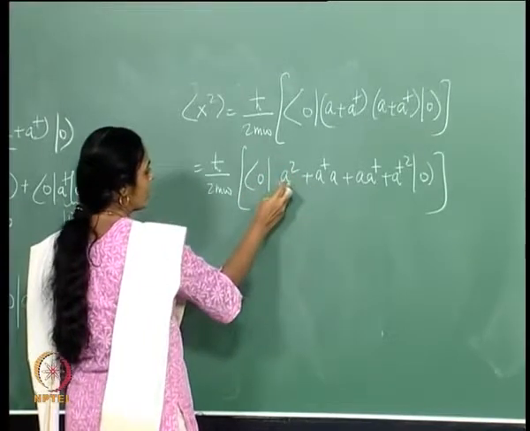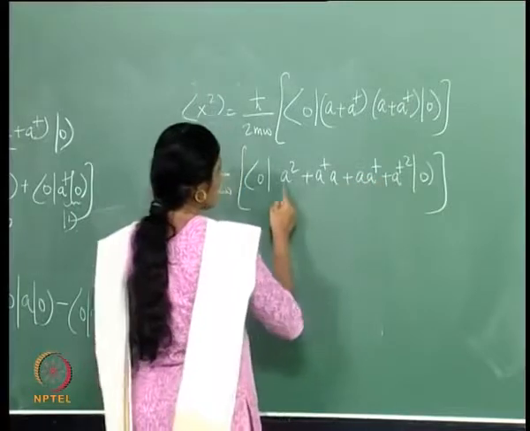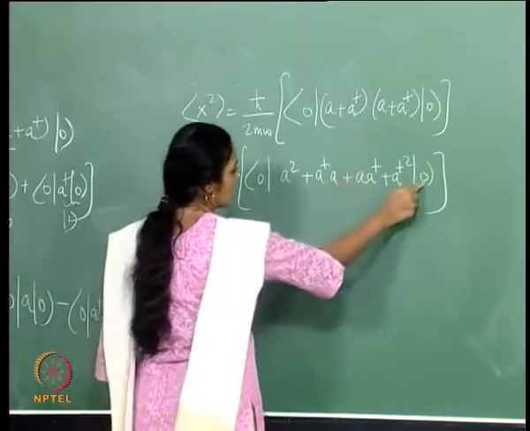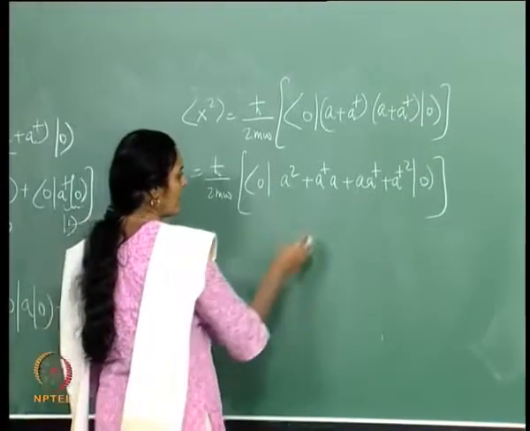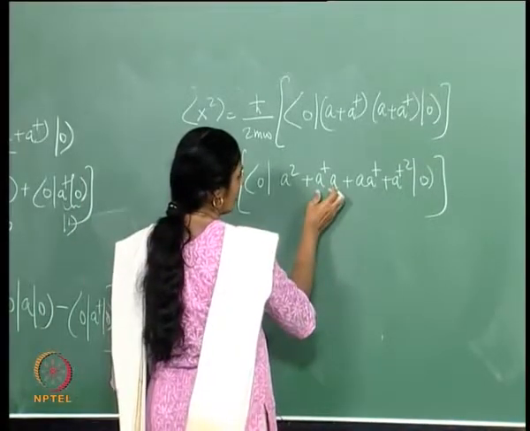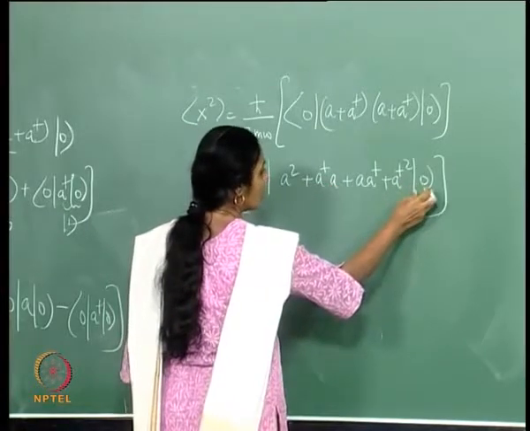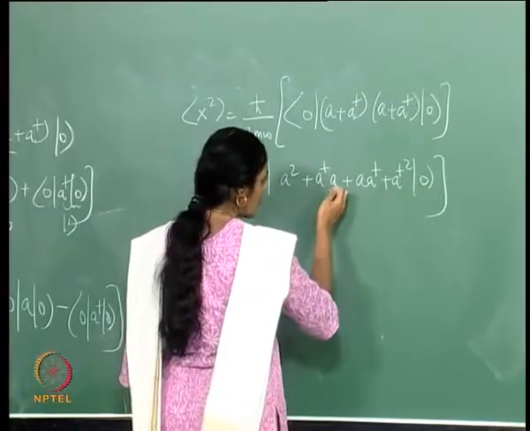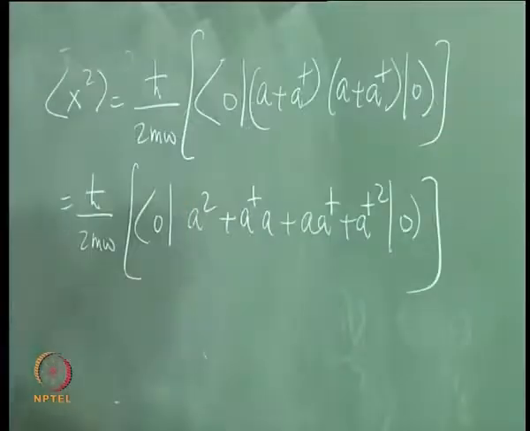Look at the expectation value of a squared in this state. First of all, a acts on 0 to give me 0, and therefore that does not contribute. Let us look at a dagger a. A dagger a acting on ket 0 is 0, simply because a on ket 0 is 0, so that does not contribute either.